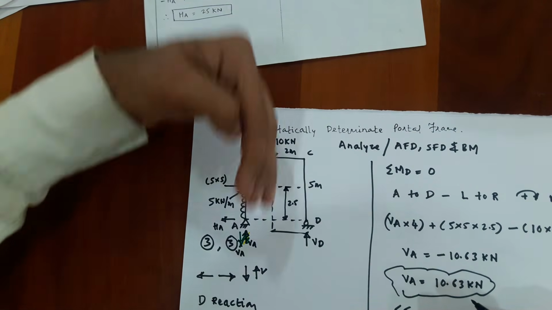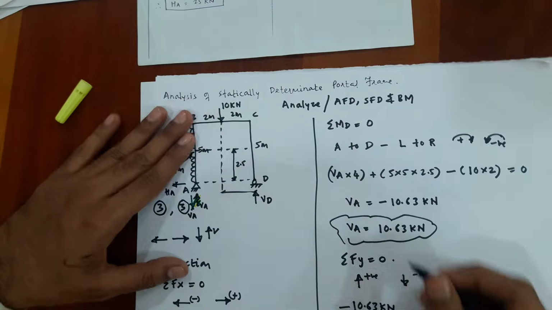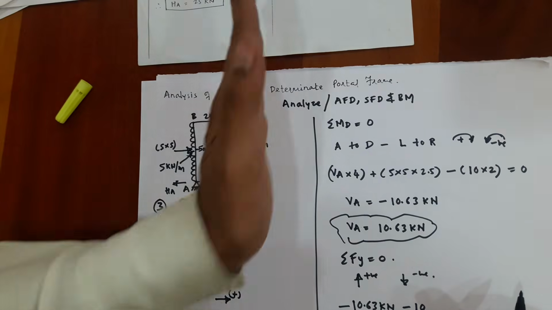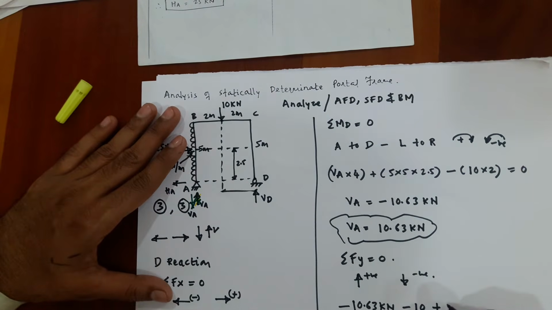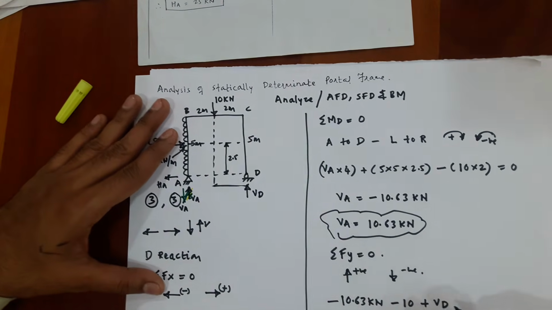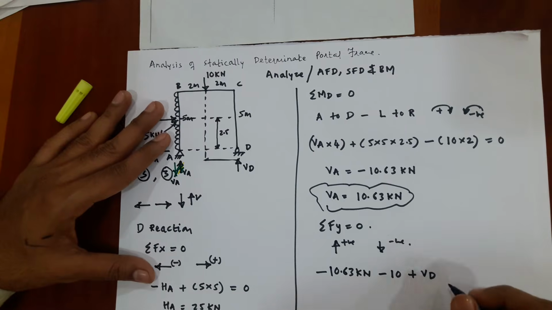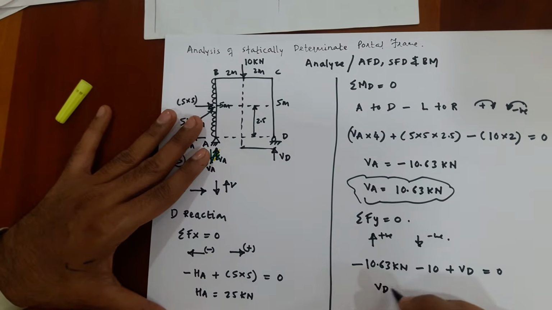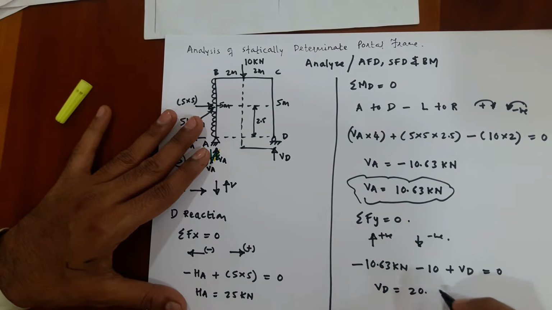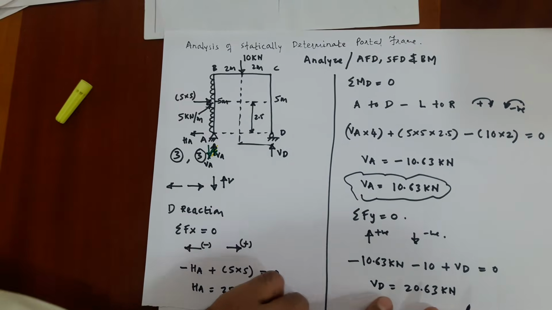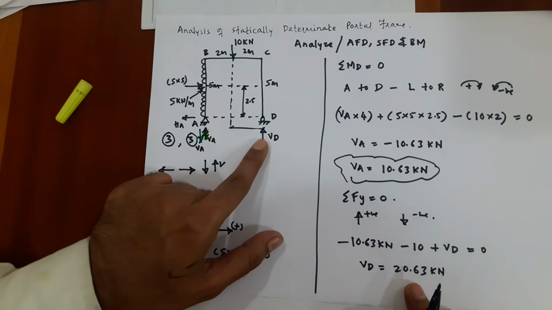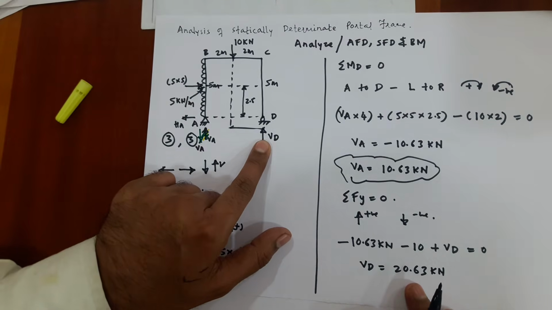We have this point load acting downward, minus 10. We have this VD acting upward, plus VD equal to 0. So VD comes to 20.63 kilonewton. Now see, you got the positive value of VD, which means the direction that you have assumed is correct.